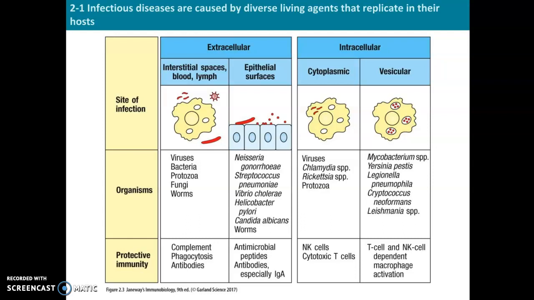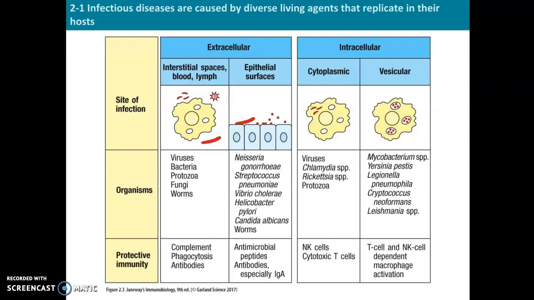So if it's a virus, or some protozoa, or some bacteria like chlamydia or rickettsia, they are going to live inside of the cell, in the cytoplasm, and we're going to go after them with cytotoxic T cells or natural killer cells.